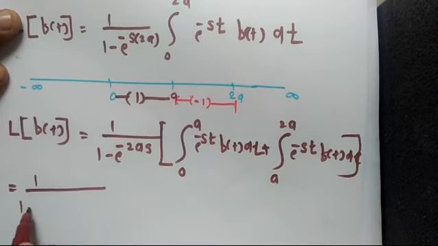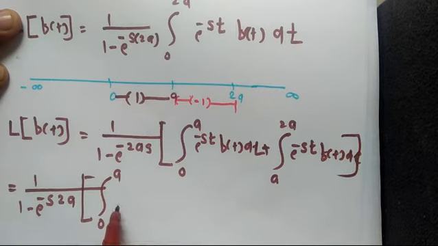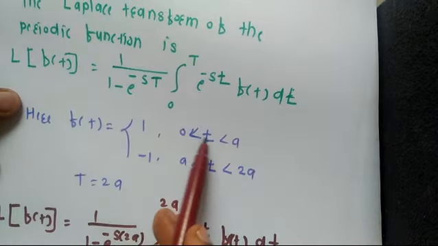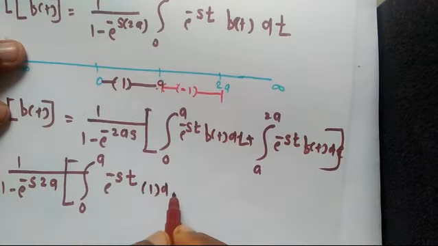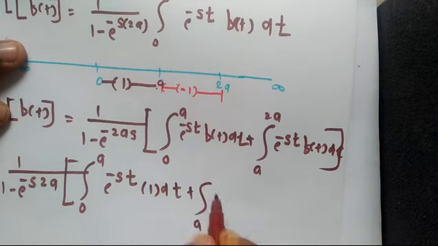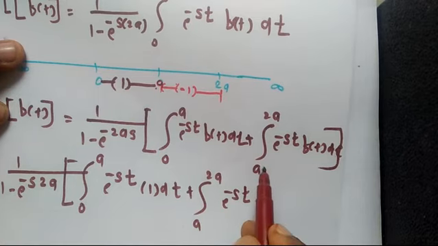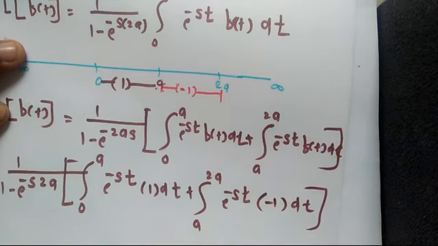In between 0 to a, what is the value of f of t? It is 1, so instead of f of t write 1 into dt, plus a to 2a e to the power minus st, the value in between a to 2a is minus 1 into dt.